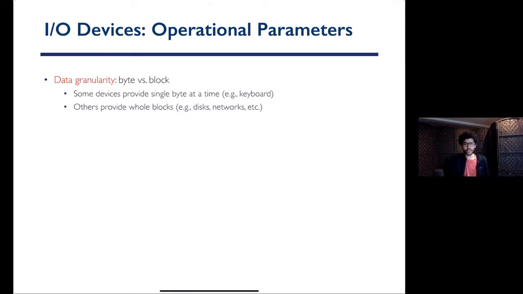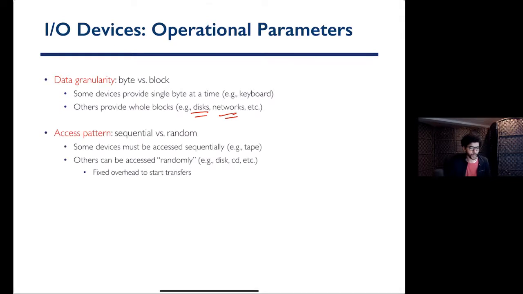Some other devices, you could be talking to them with the granularity of blocks, and the size of the block could be different for different types of devices, but it's basically more than a single byte. For example, your disk or your network, you don't talk to these byte by byte. You talk to them block by block. The other thing is whether your device is capable of being addressed randomly, or does it only accept sequential accesses?